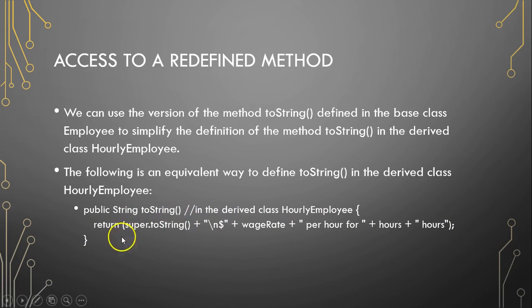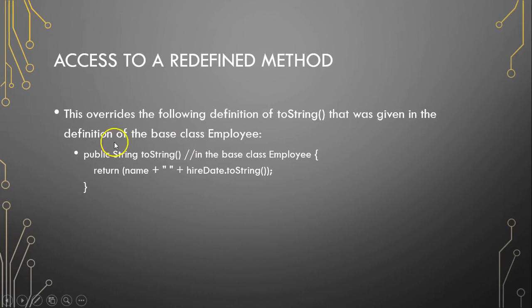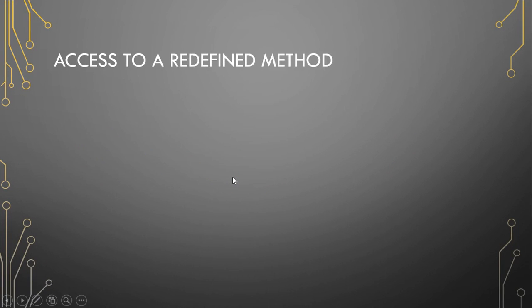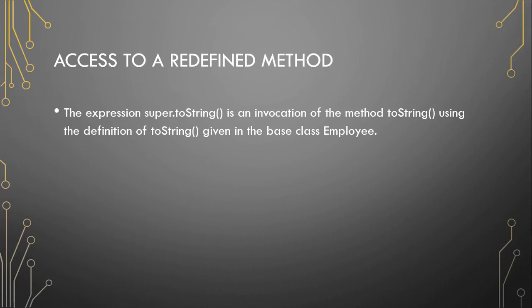Because you notice this super.toString is really just calling this right here, so it's going to return name plus hire date toString. Now the expression super.toString is an invocation of the method toString using the definition of toString given in the base class Employee.